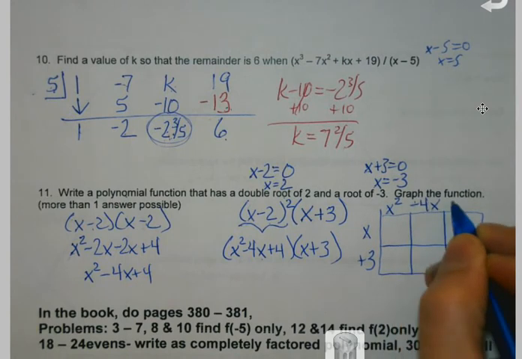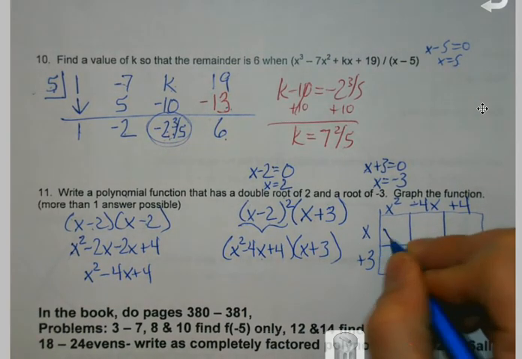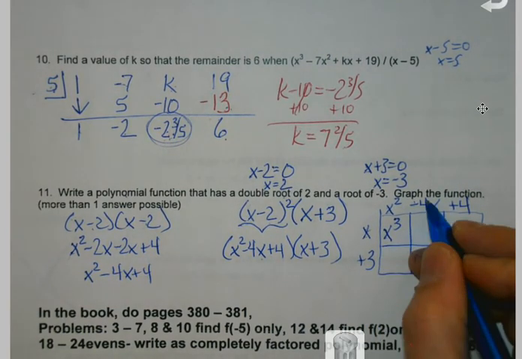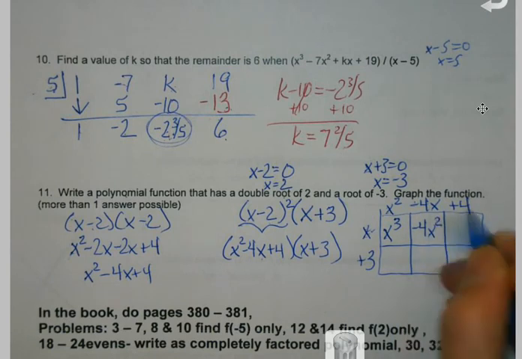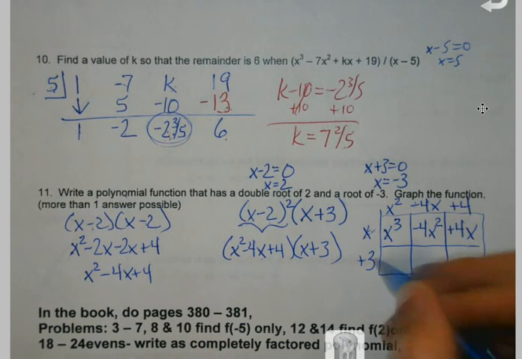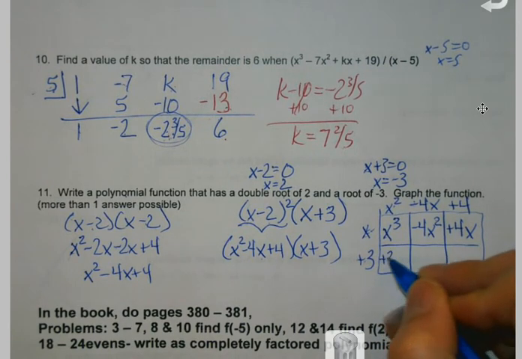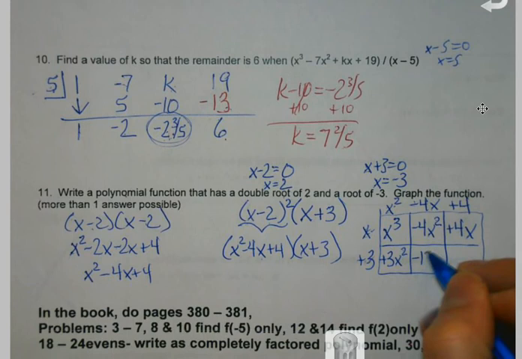And again, if some of you are content with just distributing it out, that's fine. But the nice thing about this little organizational tool is, as you multiply the sides together to fill in your box, it's going to automatically put your like terms together for you. So it's kind of even like a safety net to see, am I doing this right?